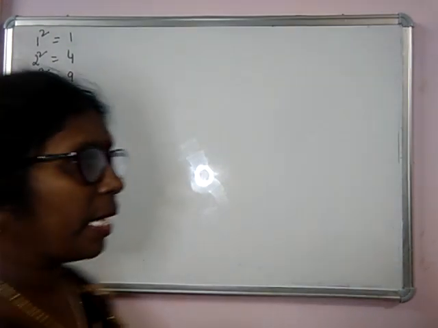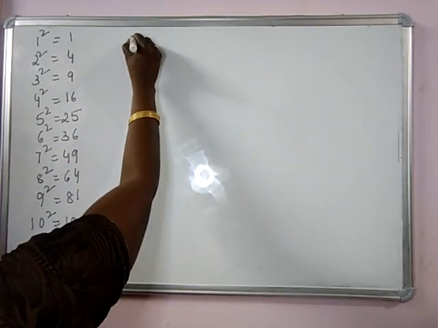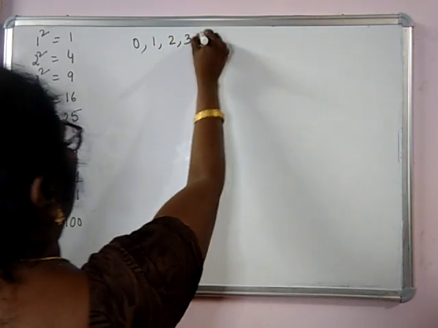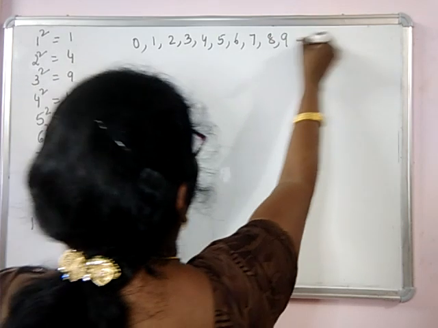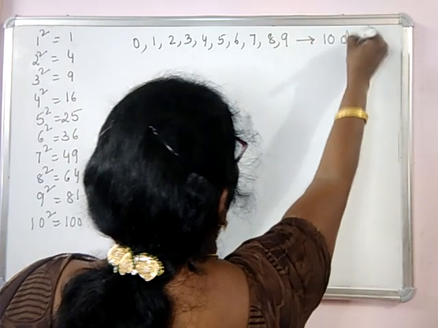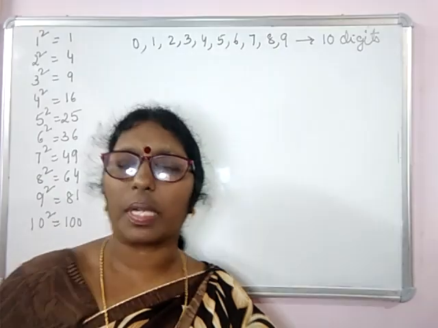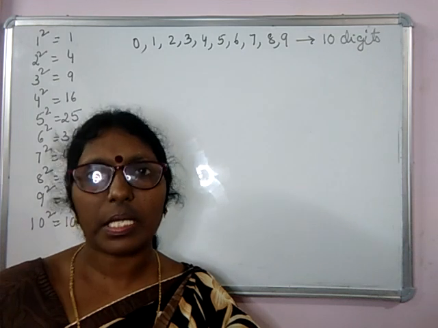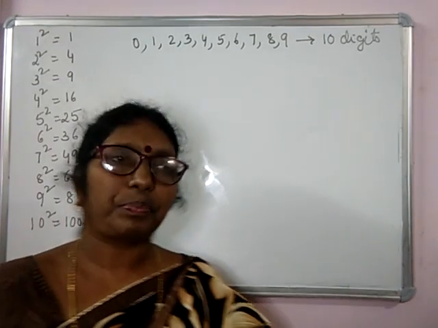Okay? And children, you know that in the number system, we have 10 digits: 0, 1, 2, 3, 4, 5, 6, 7, 8, 9. Whatever number it may be, we use these digits. Now see the squares of the 10 natural numbers I have written.